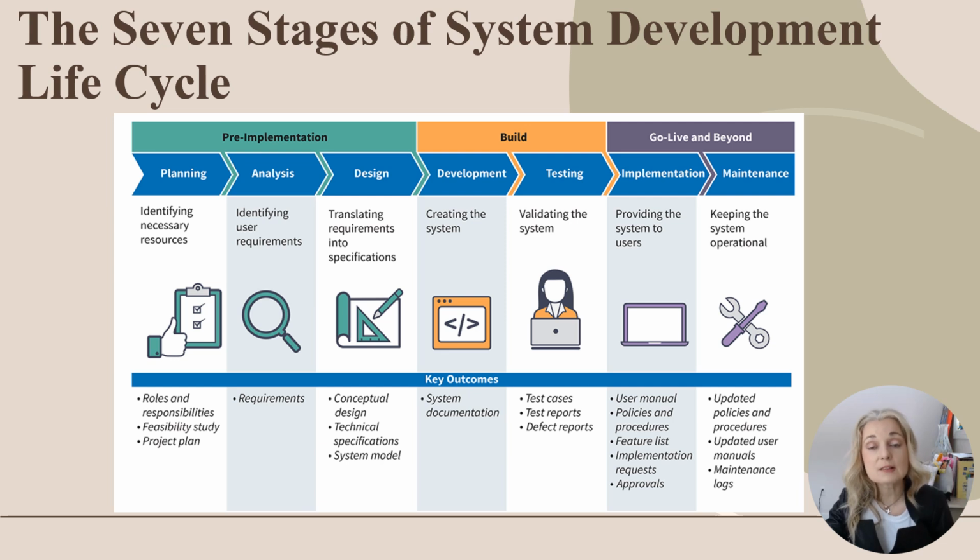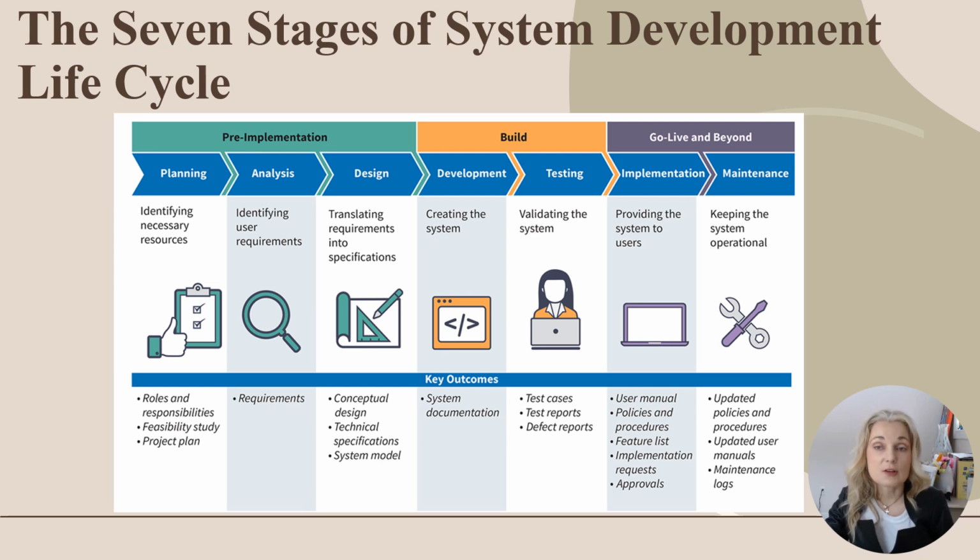Before anything can be provided to end users, most organizations do testing to validate the code and the system, ensuring that there are no bugs or glitches. And the key outcomes are test cases, test reports, and defect reports.